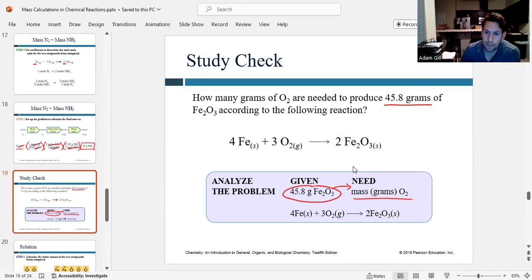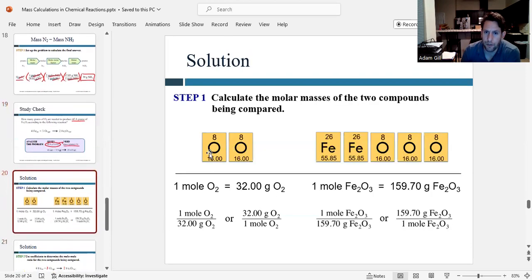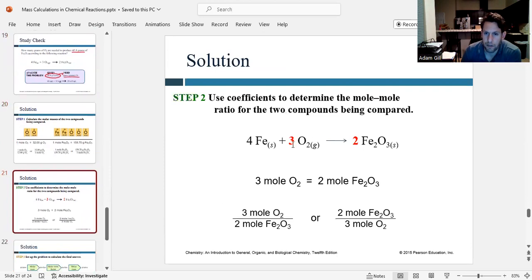So first, you got to get the molar masses of iron oxide and oxygen. So O2 is going to be 32 grams. Fe2O3 is going to be 159.7 grams. And then we look at our mole-to-mole ratio. It's a 3 oxygen to 2 iron oxide.